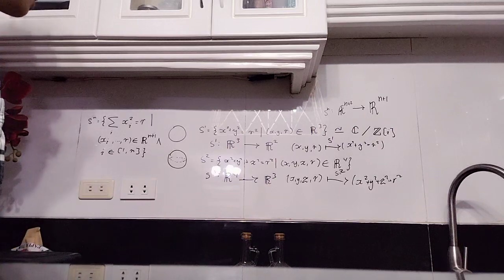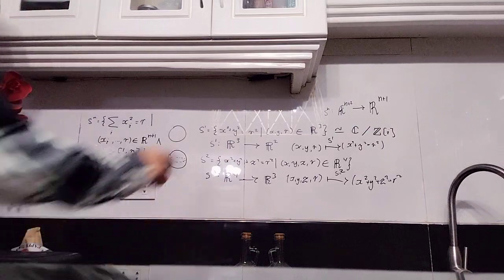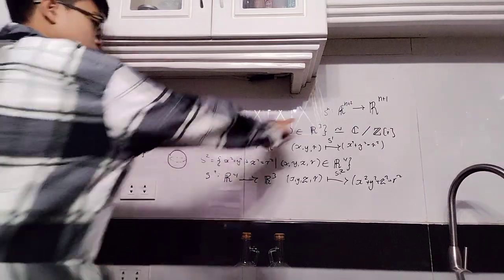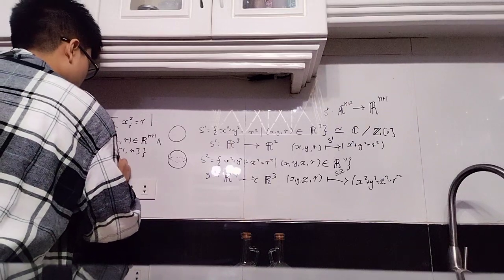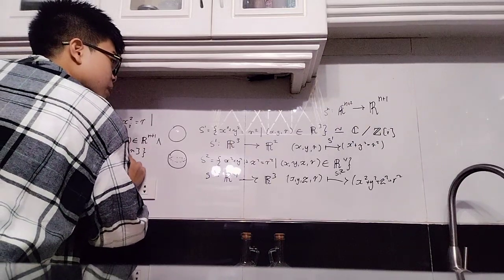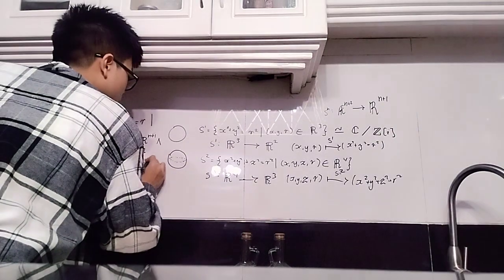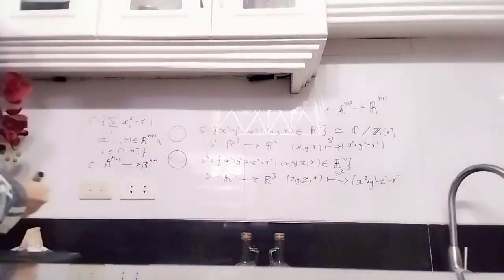So that's our generalization of a spherical map. Like I said over here, S n maps R to the n plus 2 space onto R to the n plus 1 space.